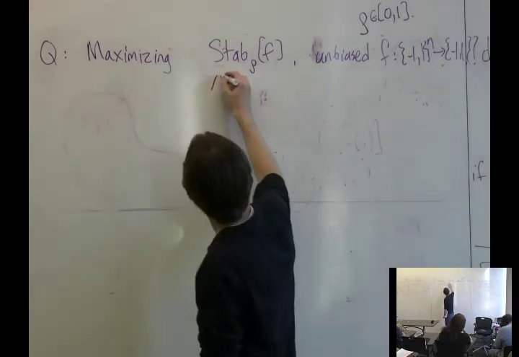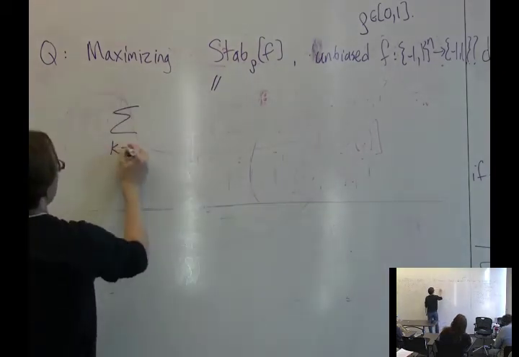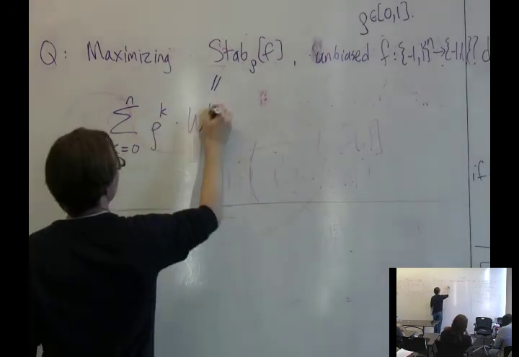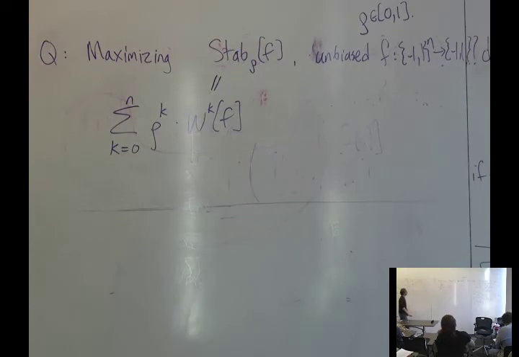And the proof of that is that this thing, we know, is the sum, k goes from 0 to n, of rho to the k times the Fourier weight at degree k. It's this formula.